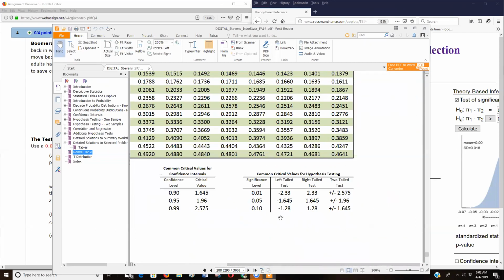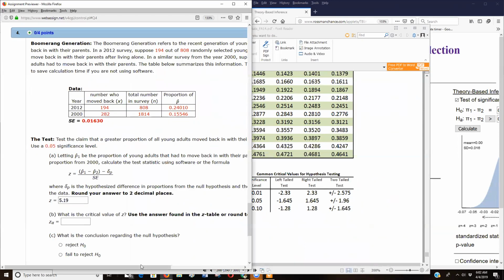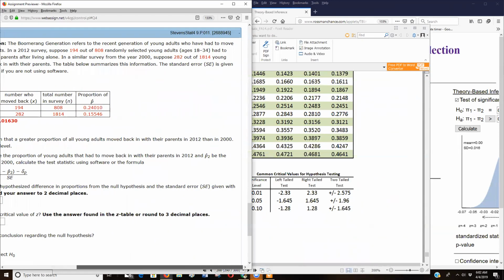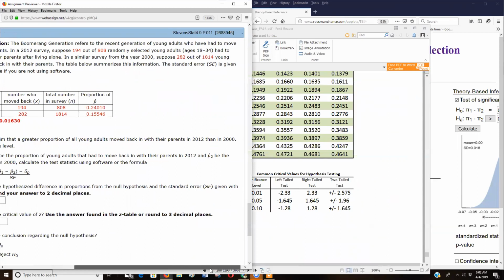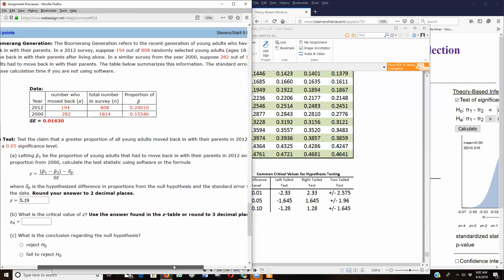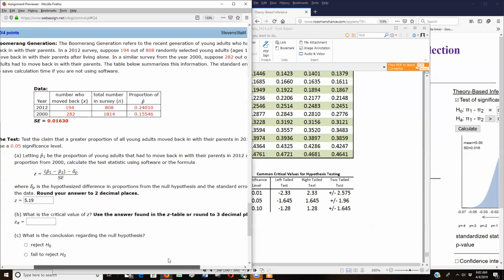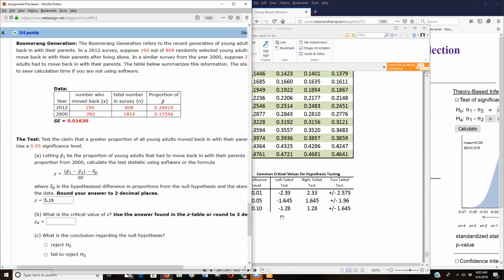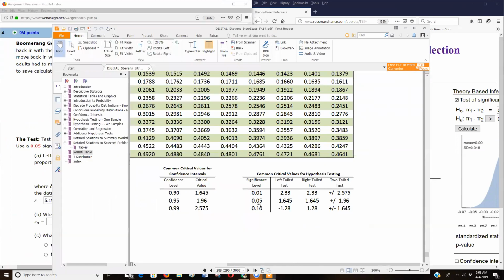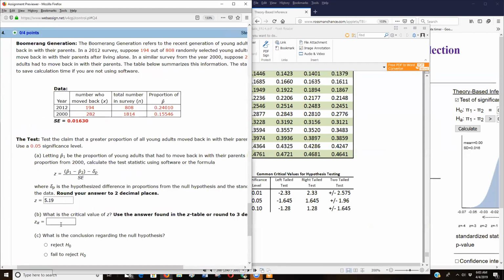It's a z distribution. And what level of significance do they have in this test? A 5% significance level. So it's a right-tailed test at the 5% significance level, and I'm seeing 1.645 as my critical value.